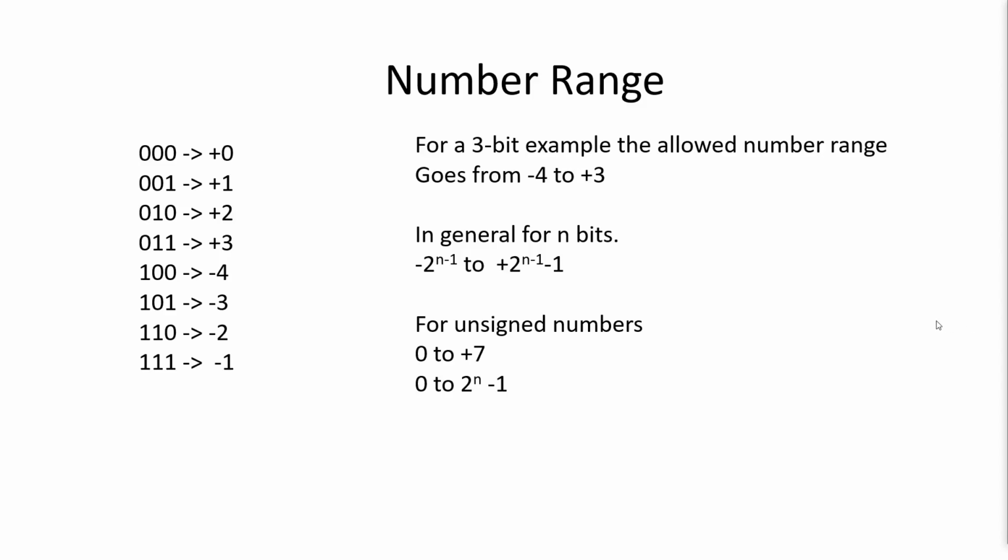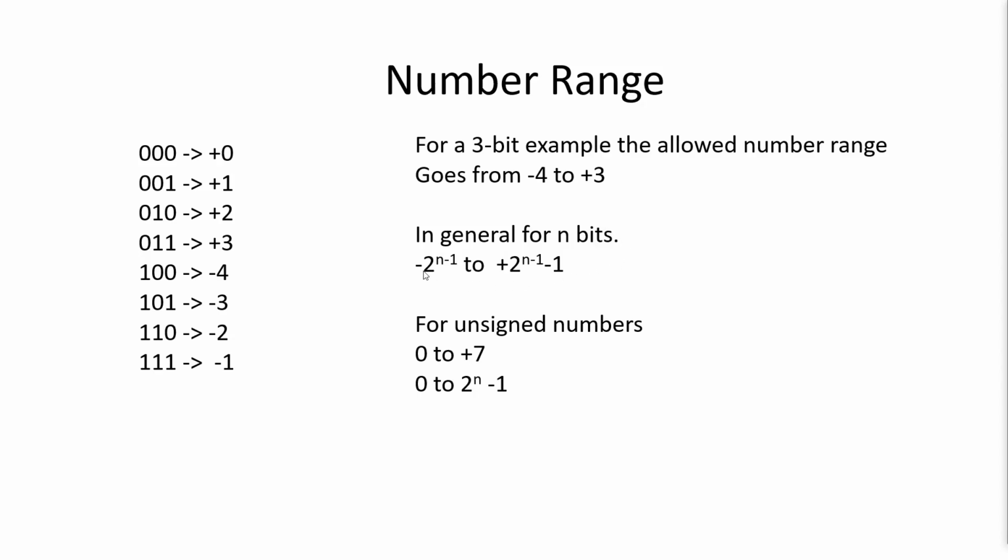If we look briefly at the allowed range of numbers for signed versus unsigned representation, I'm going to be using 2's complement representation from here on out, because that's what's used in the machines in the lab and most certainly any computer you have at home. So, the number range. In the 3-bit example here, I was looking at numbers that go from -4 as the lowest up to +3. And in general, for n bits, a 32-bit machine will have 32 bits.